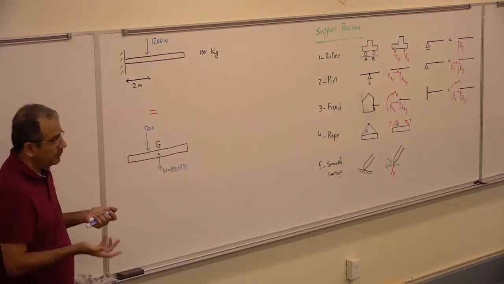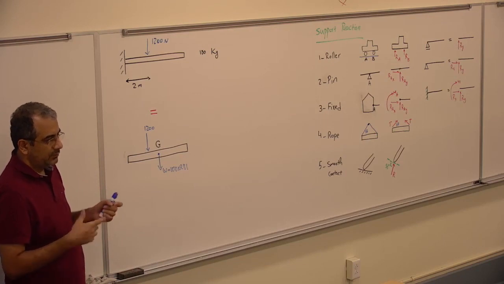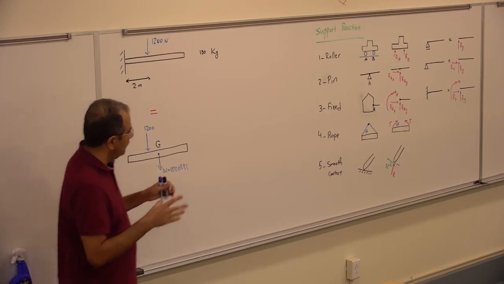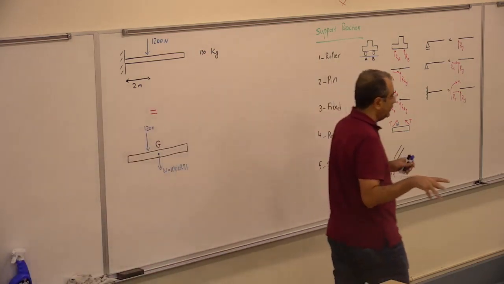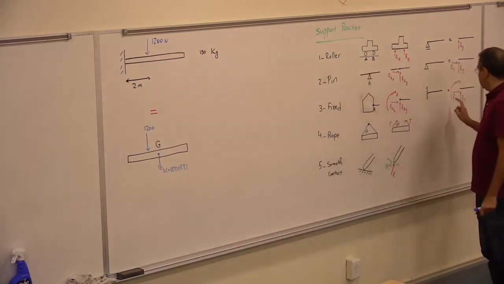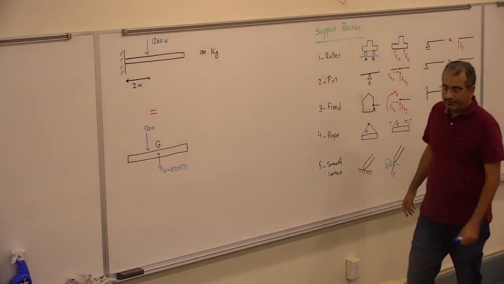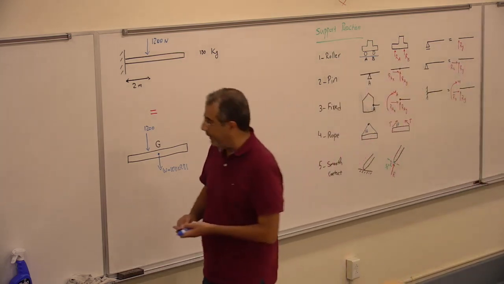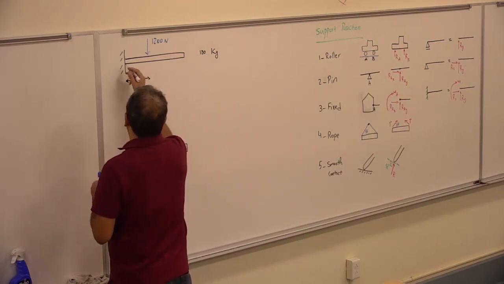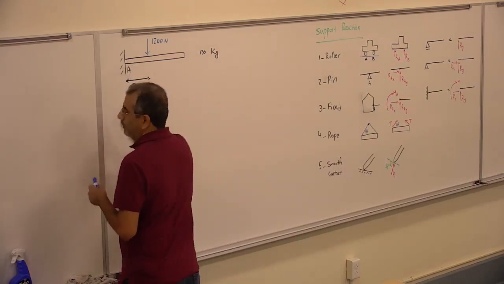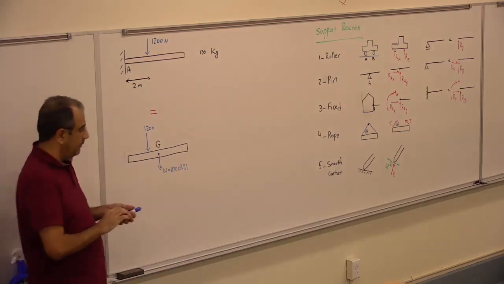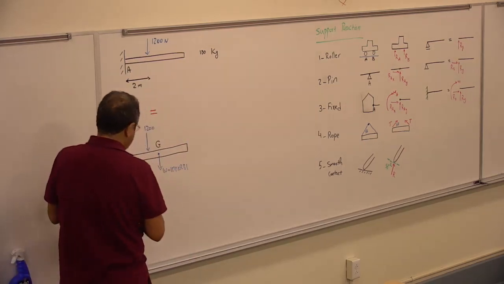Any other forces that want to move it? Now I have to put the forces that want to hold it in place, or in other words, I have to use the reaction. What I have is the fixed reaction at the left. To replace that fixed reaction, I'm going to have to put these three there. If I call that point A, I have three reactions there.